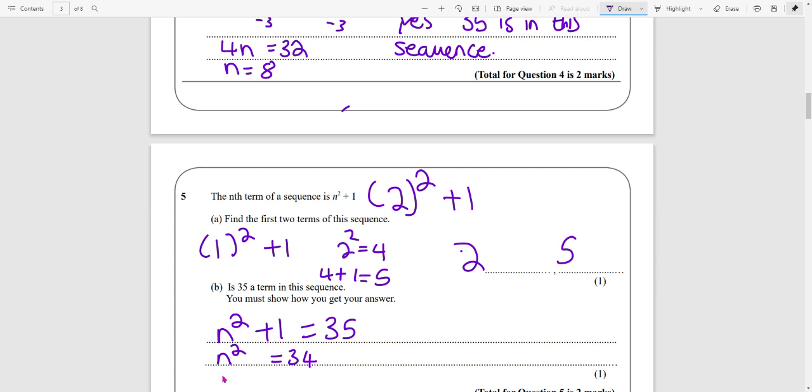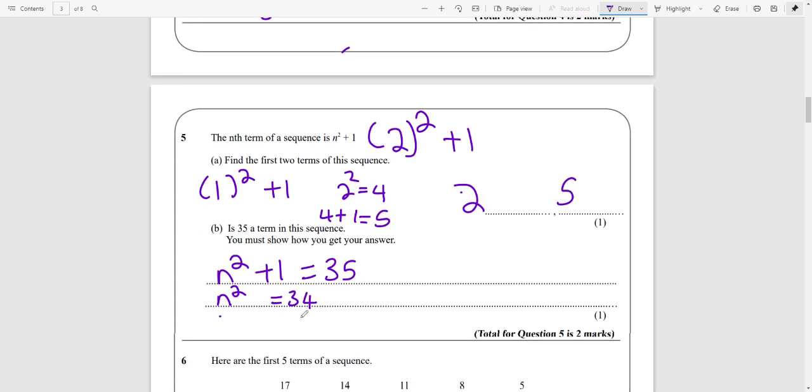Now, if you square root 34, it does not give you a whole number. The square root of 34 will not give you a whole number. Instead, it will give you 5 point something.